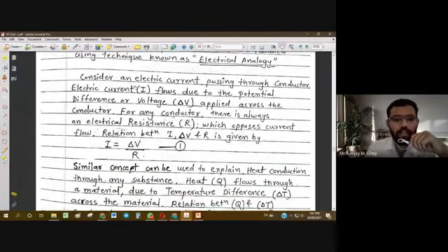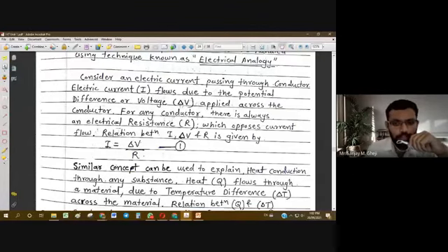Now see, if you consider a simple electrical circuit of a wire or electrical resistor, and if voltage is applied across a simple wire, what will happen? Current flow will take place from one point to the other, from high voltage to low voltage. So whenever there is a voltage applied across a conductor, current flow will always occur.